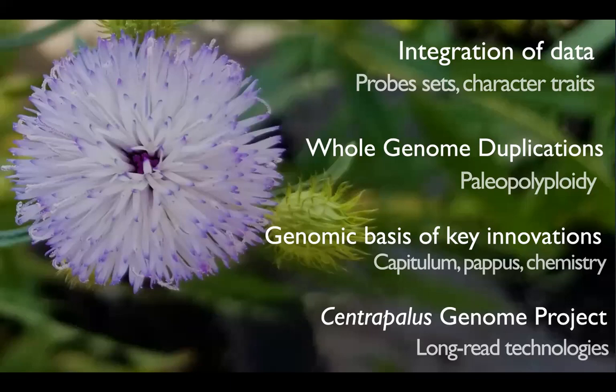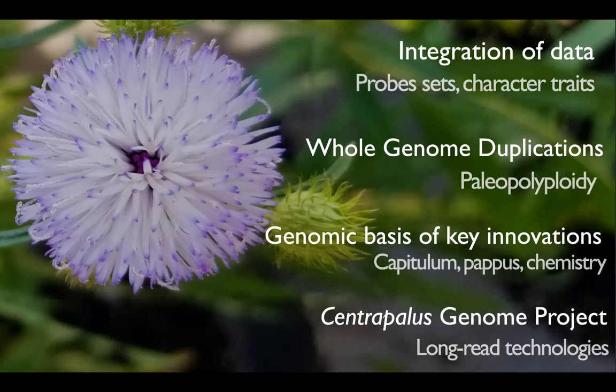What we're working on next is integrating data. We're really interested in integrating different probe sets and adding other things like morphology and whole genome duplications and paleopolyploidy. We're really interested in getting at the genomic basis of these key innovations.